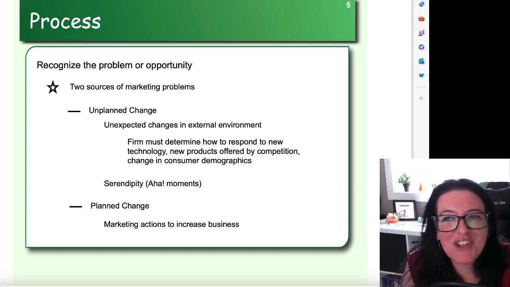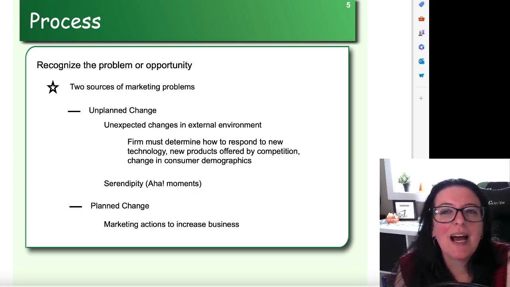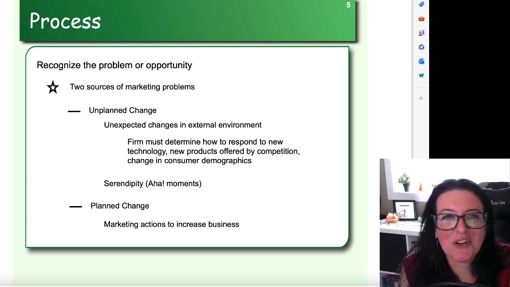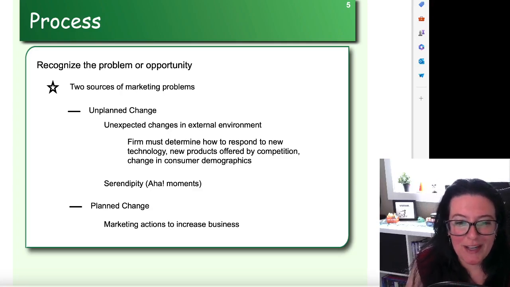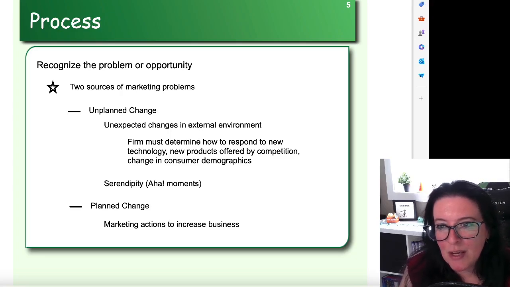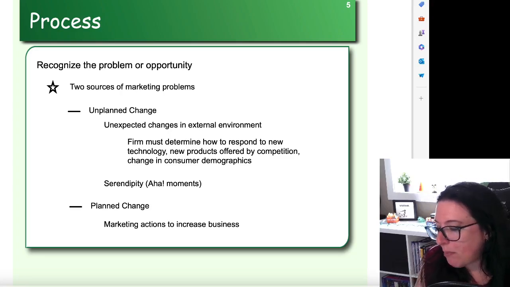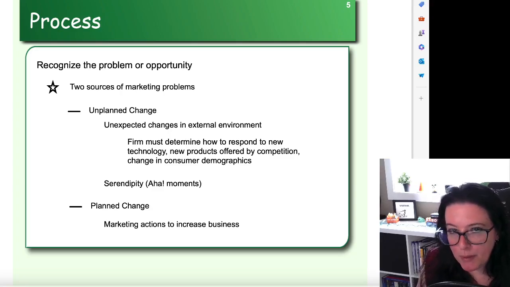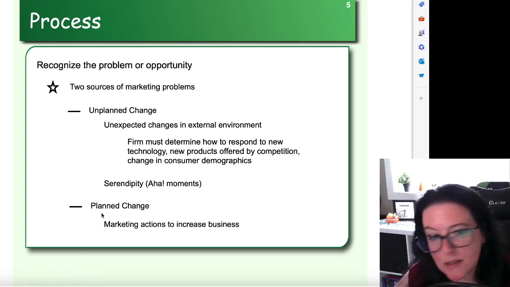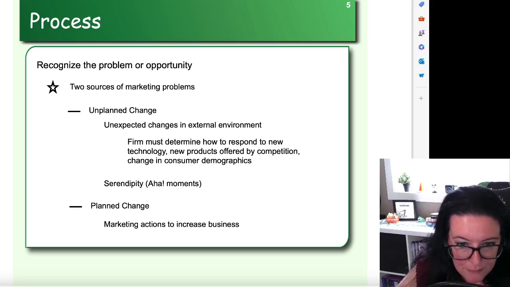This is an unplanned change, a serendipitous moment, but we would want to do some research then to see if we can take advantage of that opportunity and what we can do with it. So our problems or opportunities can come from planned or unplanned. They can be positive or negative.